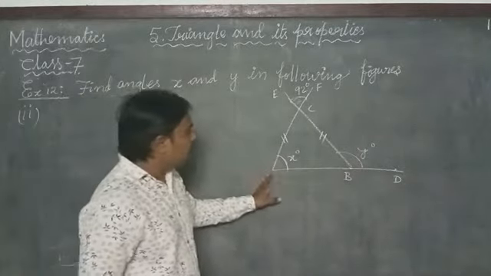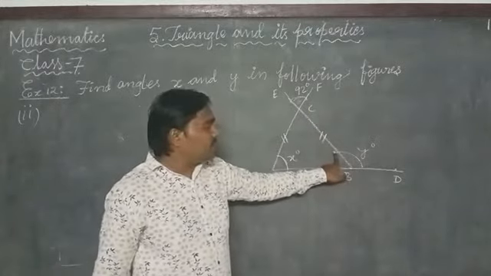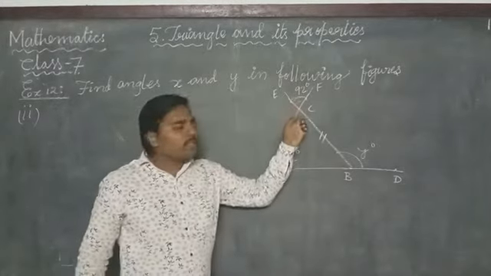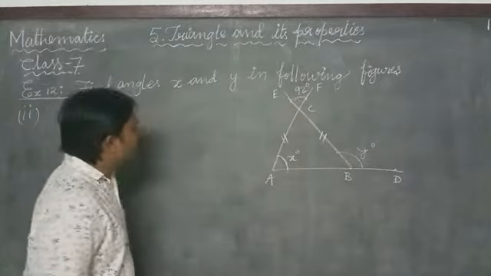In the triangle ABC, one of the exterior angles is y degrees and the opposite vertical angle is 92 degrees.